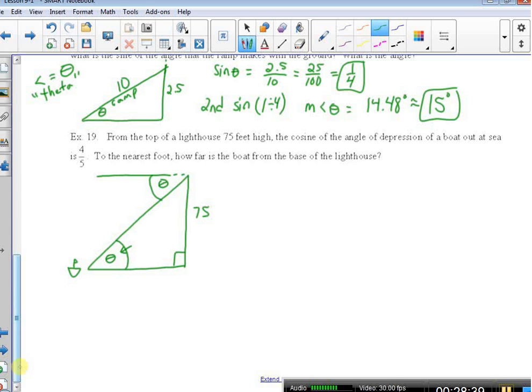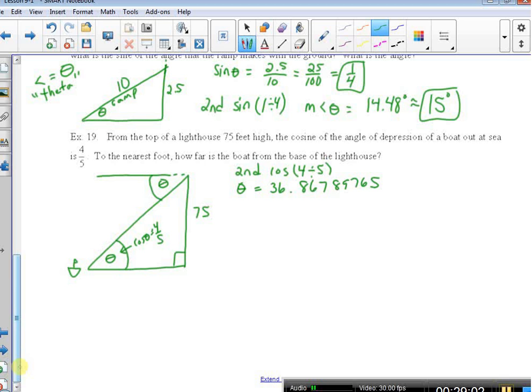And the cosine of theta, which I don't know, I know is 4/5. They tell me that. So I'm going to do second cosine 4 divided by 5 and get the measure of my angle. And so theta is 36.86789765, I don't want to round.